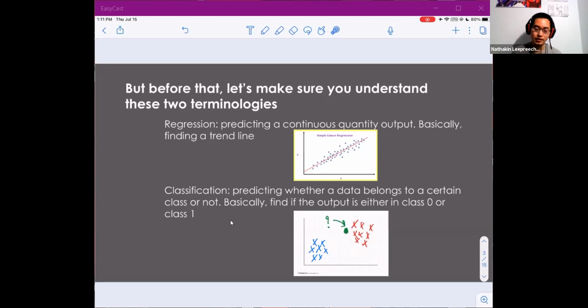But in reality, the data doesn't look nice like this. It's going to have all kinds of outliers.